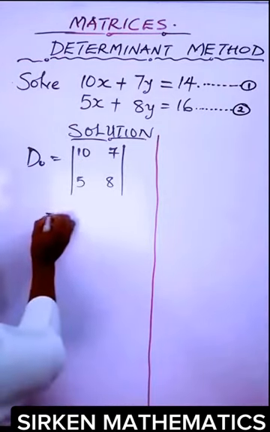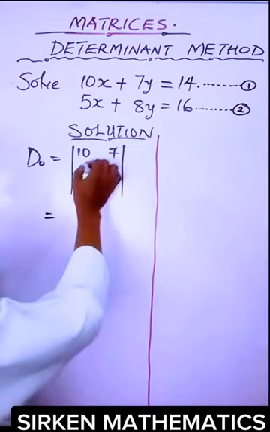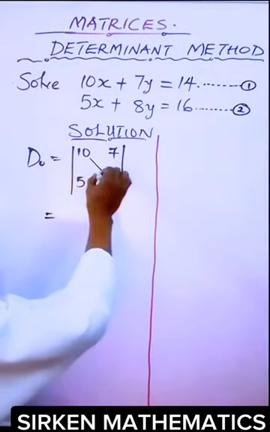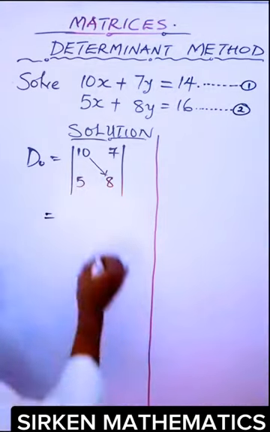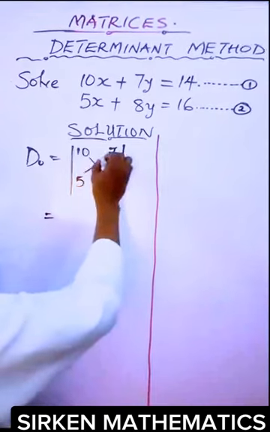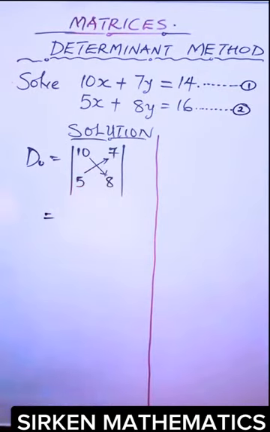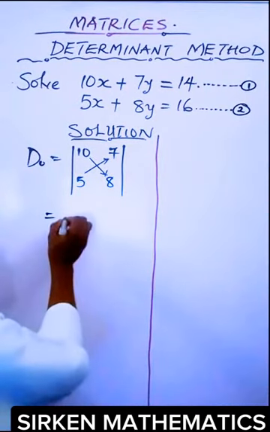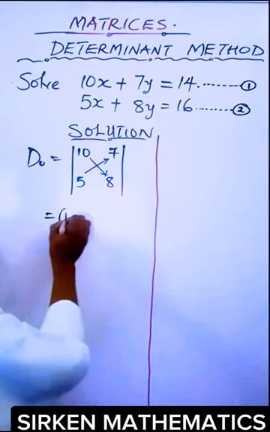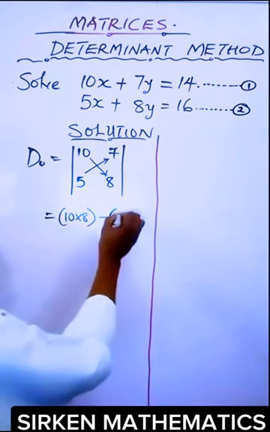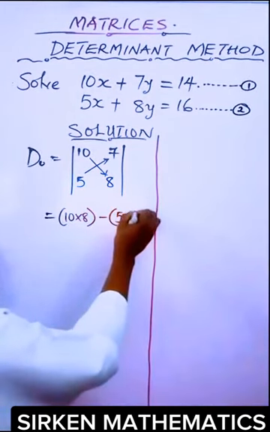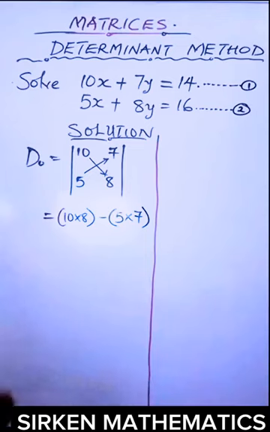It's simple. The product of the main diagonal minus the product of the second diagonal. Do you get? Meaning 10 times 8 minus 5 times 7. Do you understand?